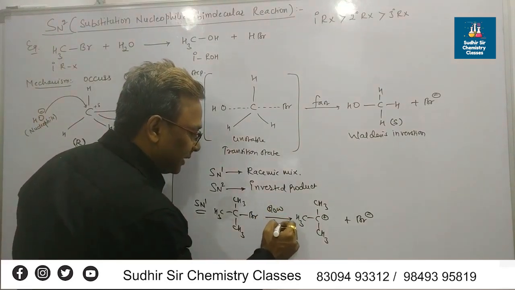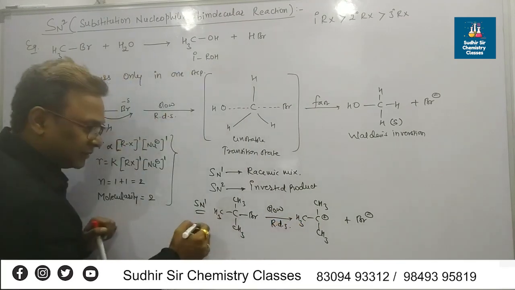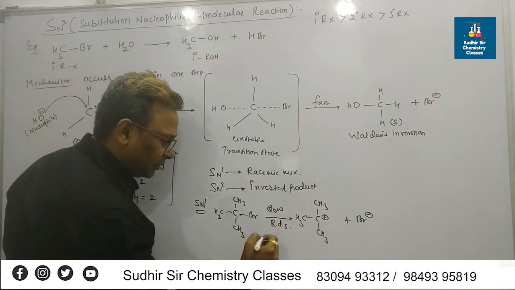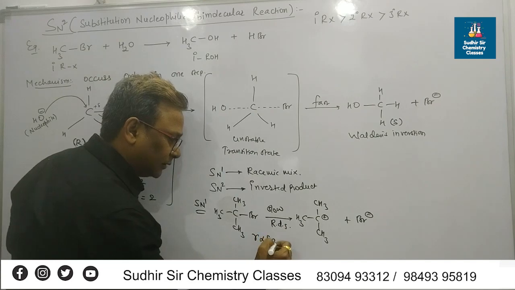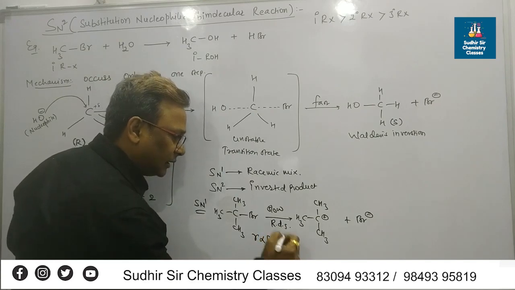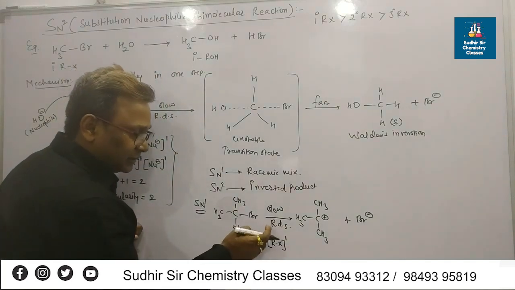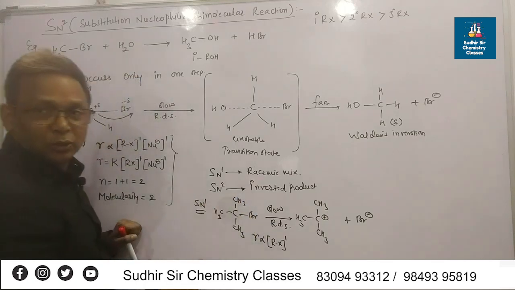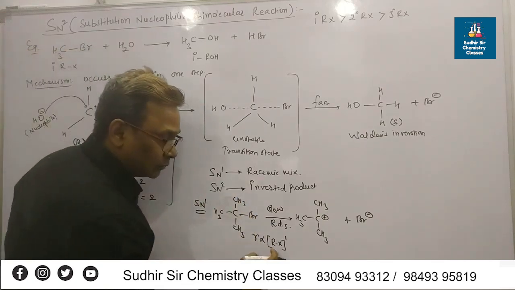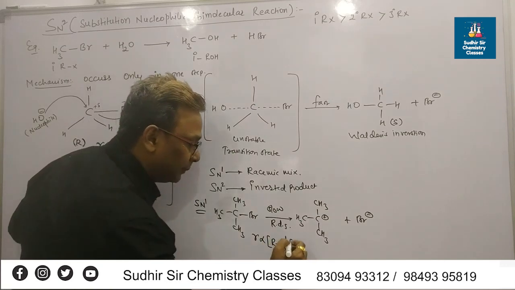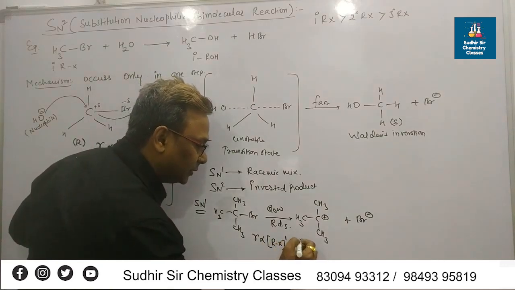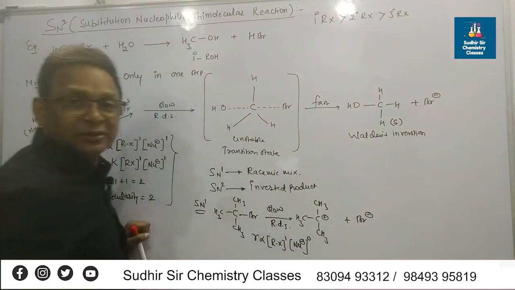This is the RDS, and for SN1, the rate of reaction depends only on the concentration of alkyl halide to the power of 1, because in this slow step we don't have the nucleophile anywhere. So the rate depends only on the concentration of alkyl halide, but does not depend upon the nucleophile, power of 0.